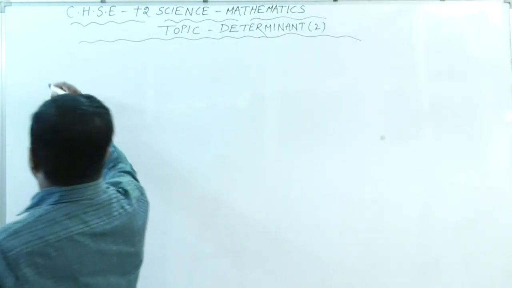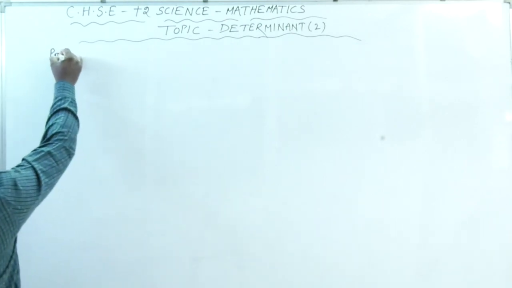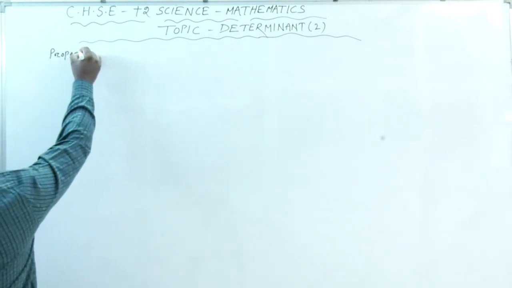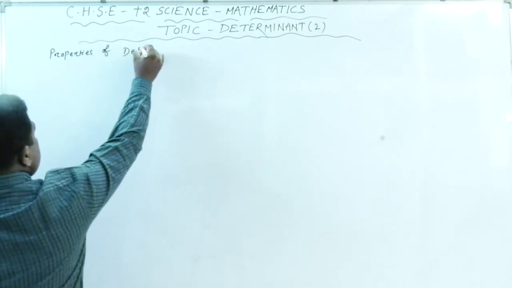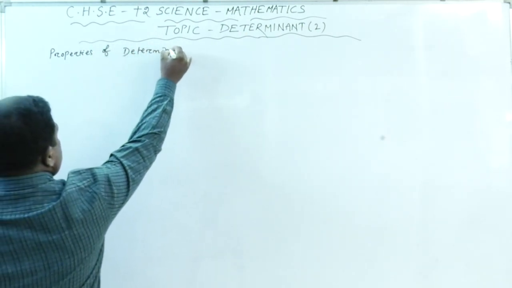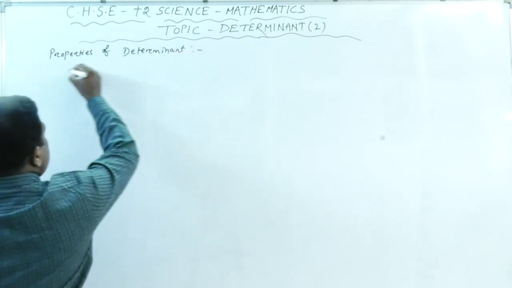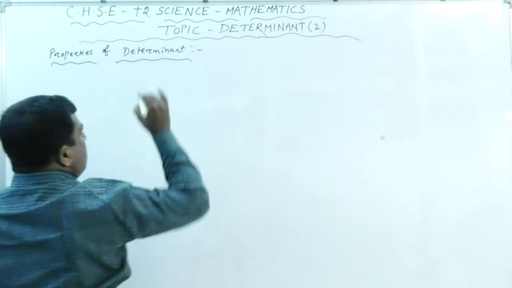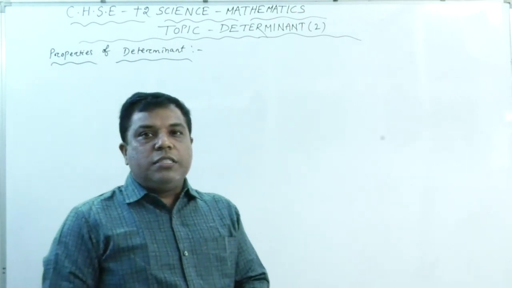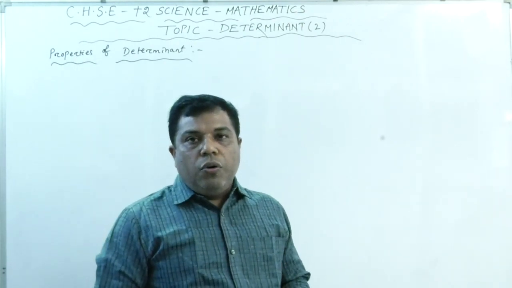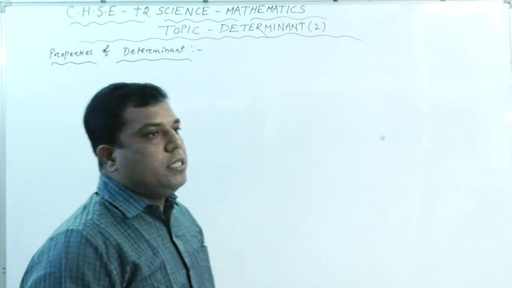Okay dear students, so let us begin with the properties of determinant. This is the concept on the properties of determinant. We will go one by one with the properties.